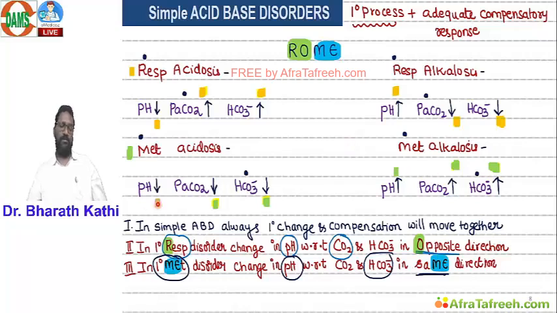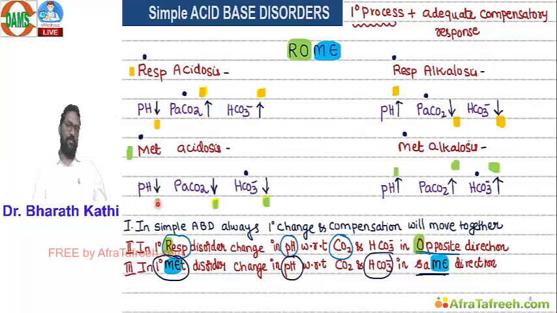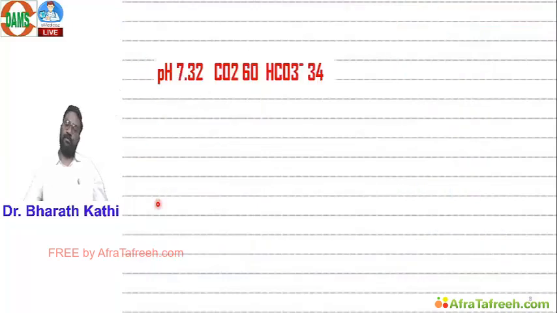If you do some questions, you will understand this better. Whenever they give you any ABG, in the emergency department or in the ICU, if you are not used to ABG analysis, first write down the parameters on a white paper like this. And what you need to do is just see the trend of values.